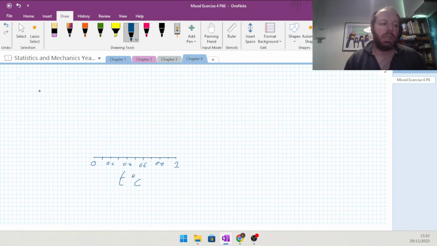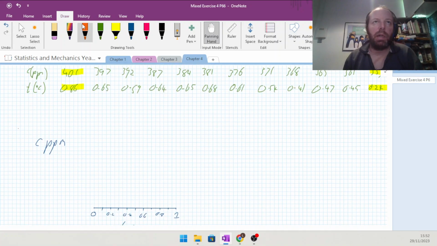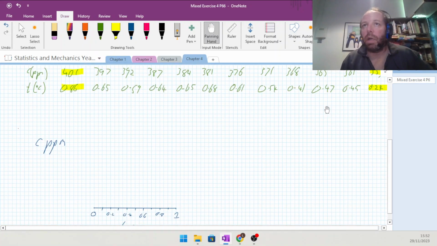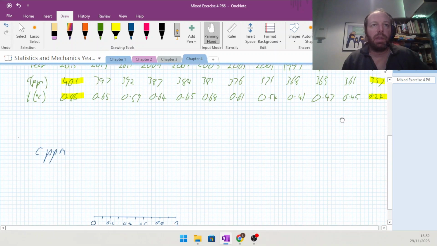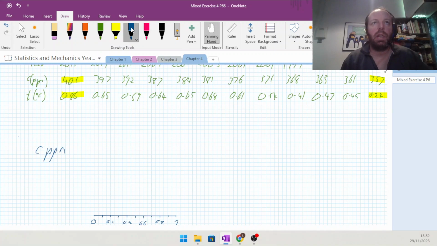Okay, and this one is going to be parts per million of the carbon dioxide. Okay, and we are working between a scale of about 300, because we were on 357 there, up to 400. So actually I'm going to start at about 340, I think.